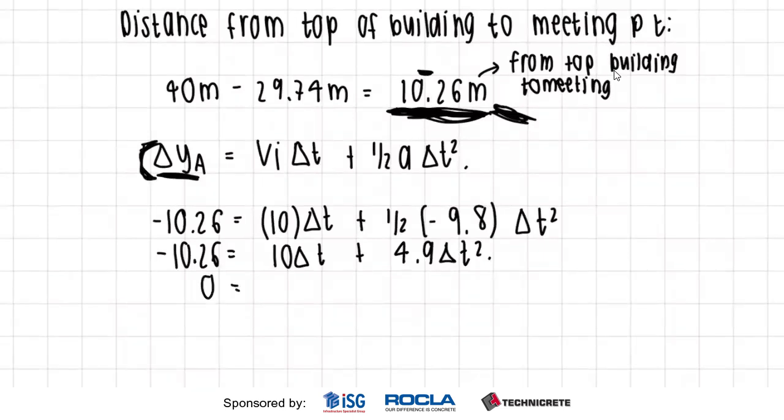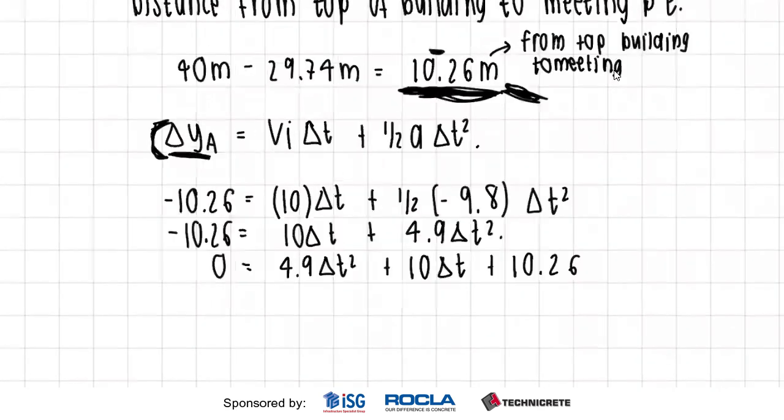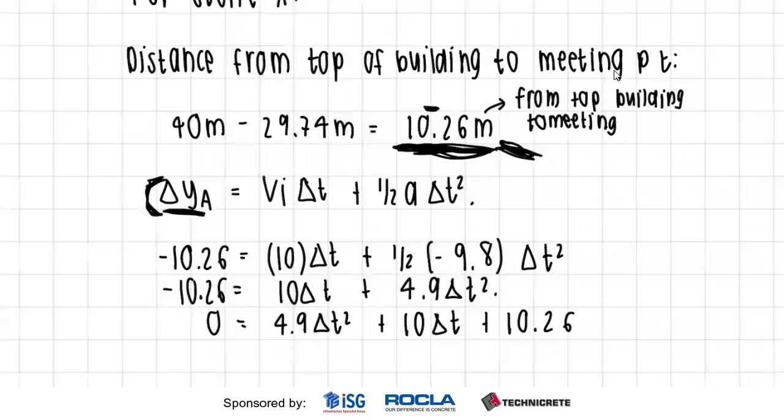Make it all nice, equals 0. 4.9 t squared plus 10 t minus 26. And then I'm hoping that you all know this is maths now, this is not physics. So you all know how to factorize nicely, and we're going to get the answer.